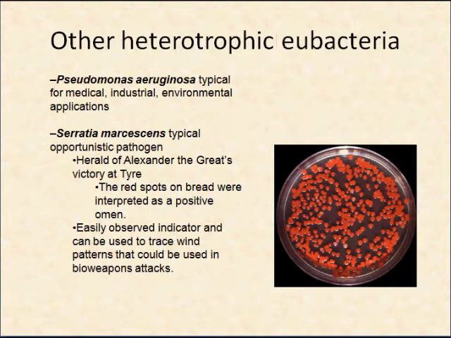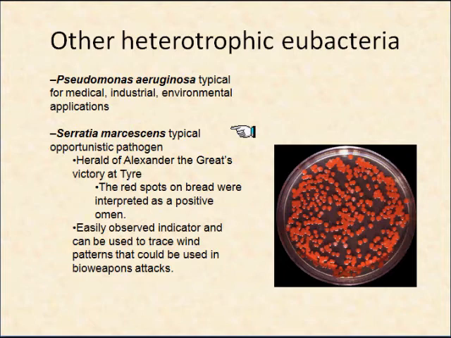A couple of other microorganisms, ones that are used in medical environmental applications. An example is the Pseudomonas. Another one is the Serratia marcescens. This is an opportunistic pathogen. Actually, Alexander the Great's victory at Tyre can be credited in large part to this microorganism.